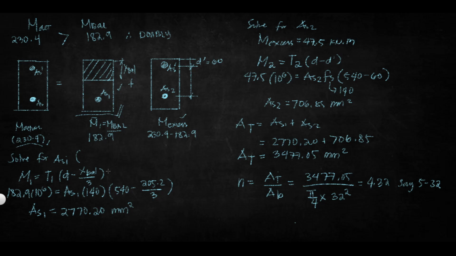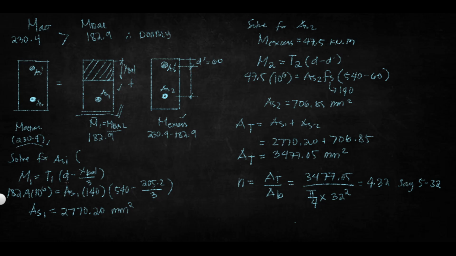Gets po? Alright, so next is we substitute the values here. So, we have 182.9 as your M1, which is the moment balance, times 10 raised to 6 is equal to T1. So, ano ba yung T1 natin? T1 is equal to area times stress.